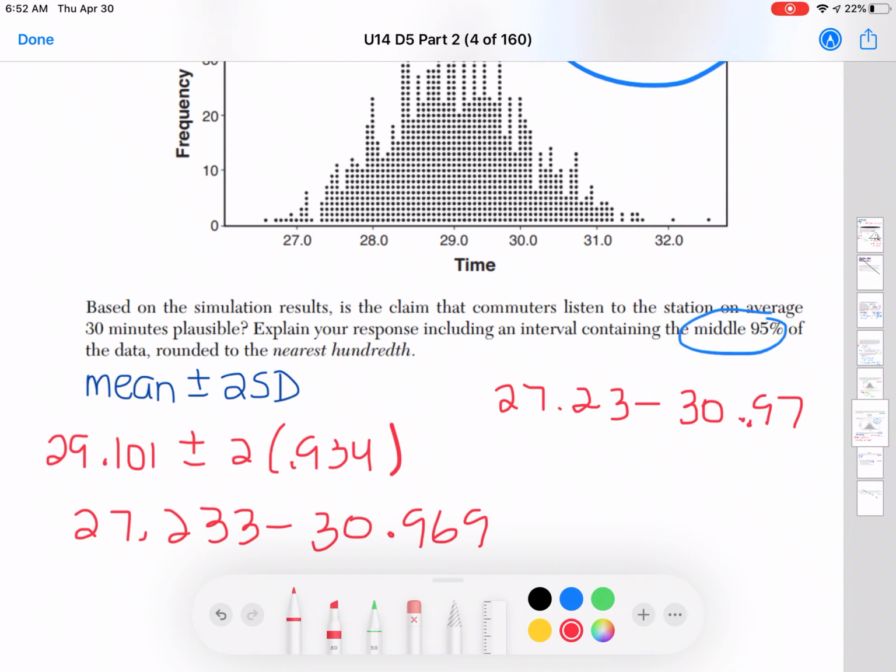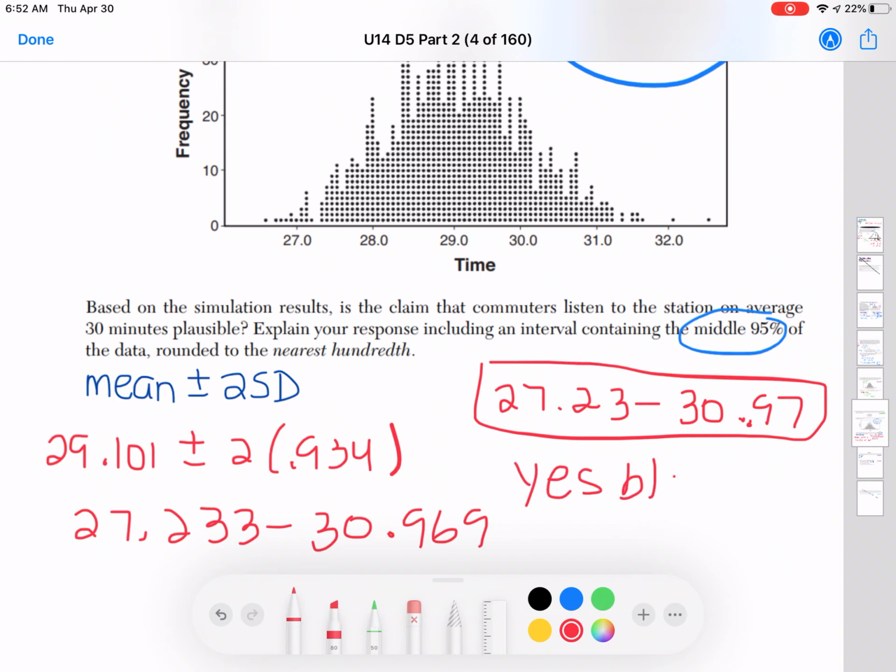And then we want to know, does that fall inside the 95% confidence interval? And the 30 minutes does fall inside there. So yes, because it falls in the 95% confidence interval.